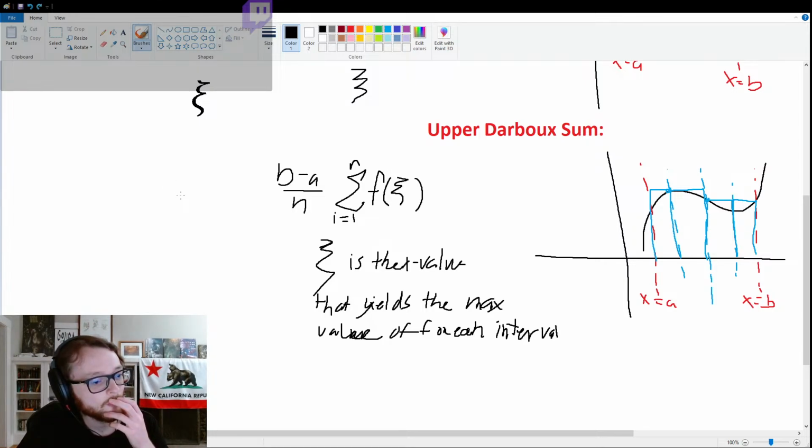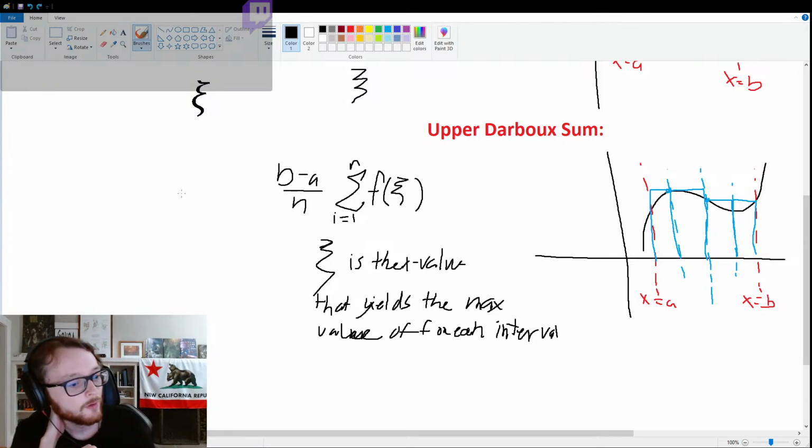I heard the Darboux also takes partitions, and the lower and upper partitions get more refined as it gets closer, representing. I don't see how in Riemann that happens as like taking in lower and upper.